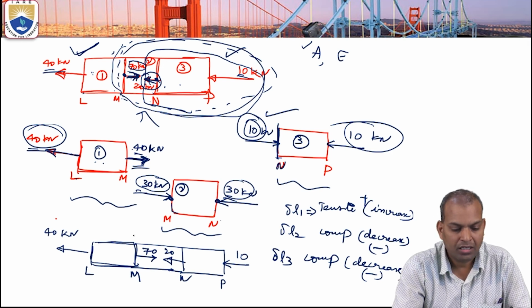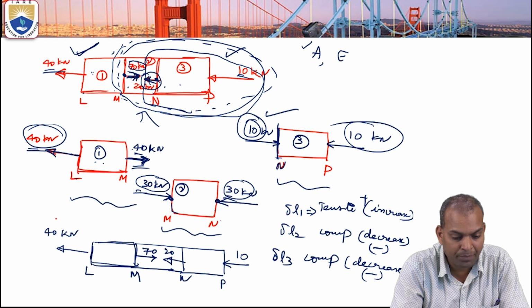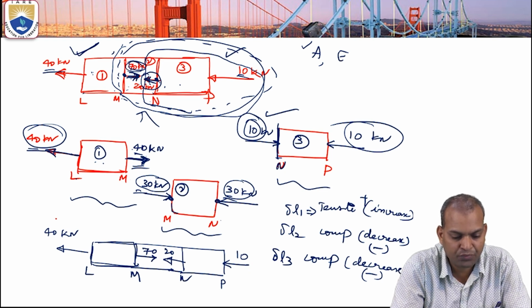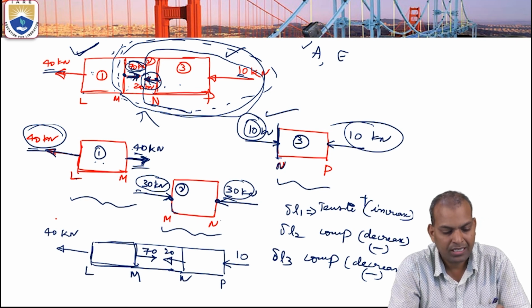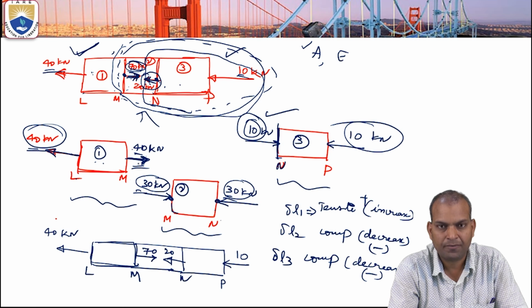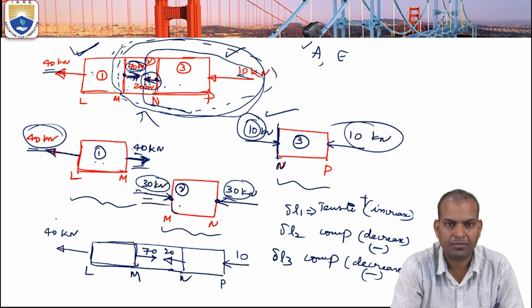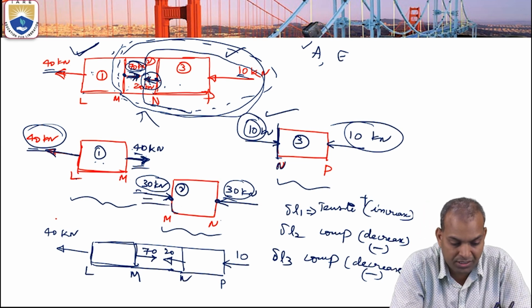When you come to junction M on the Mn section, you have to consider the junction force: 70 kilonewtons compression and 40 kilonewtons tension. So 70 minus 40, 30 kilonewtons. The maximum force is on the compression side. That's why it is compression.